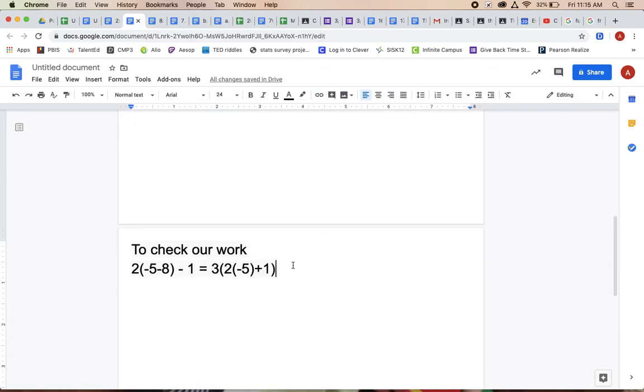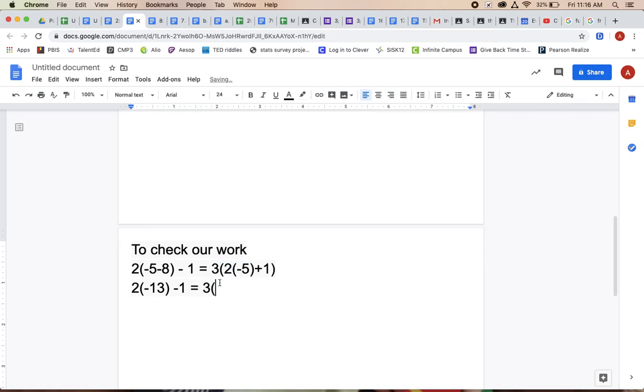Now I just use the order of operations to check it out. So we know that we have to do parentheses first. So I'm going to figure out what is inside this parenthesis. So negative 5 minus 8. So it's like if I had $5 of debt and then I lost $8 more. I would have lost $13 in total. And then over here, these parentheses are a little bit trickier. It's going to take 2 steps because first I have to do this multiplication.